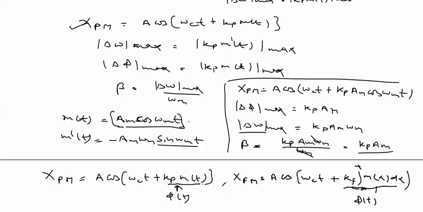But the different definition of modulation index means the change with modulating frequency. If the modulation index changes, then it is FM. If it does not change, it is PM.